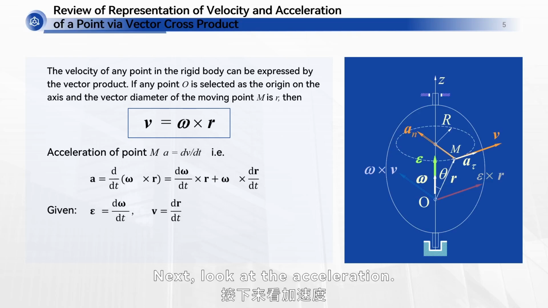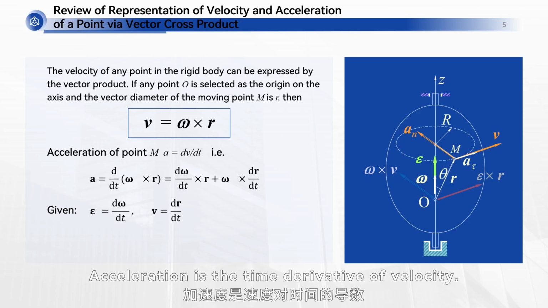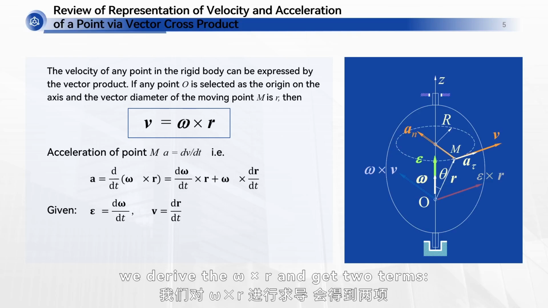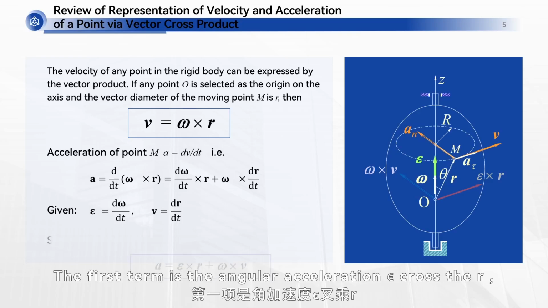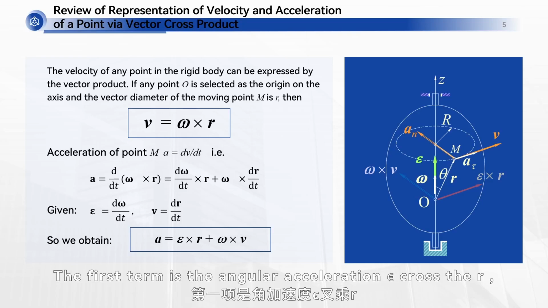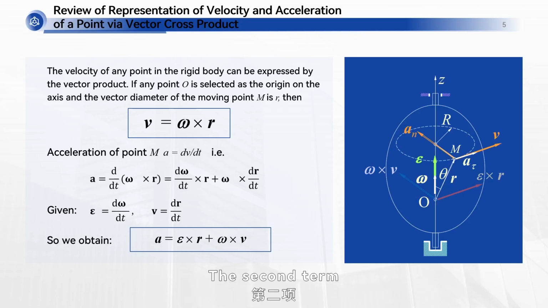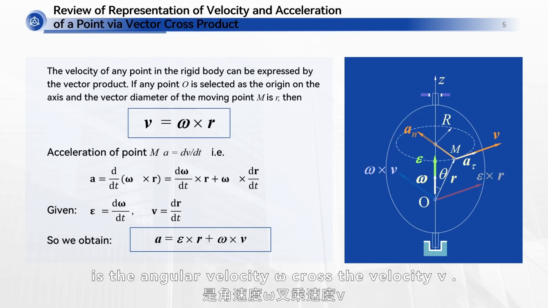Next, look at the acceleration. Acceleration is the time derivative of velocity. According to the product rule of derivatives, we differentiate vector omega cross vector r and get two terms. The first term is the angular acceleration vector epsilon cross the vector r, which corresponds to the tangential acceleration. The second term is the angular velocity vector omega cross the velocity vector v.